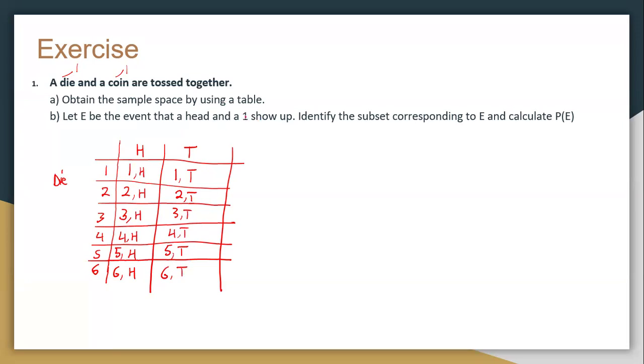Whenever they ask you to obtain the sample space, I expect that you present your answer. You say the sample space for the die and coin tossed together is, then you say S is equal to, we always represent it like this.